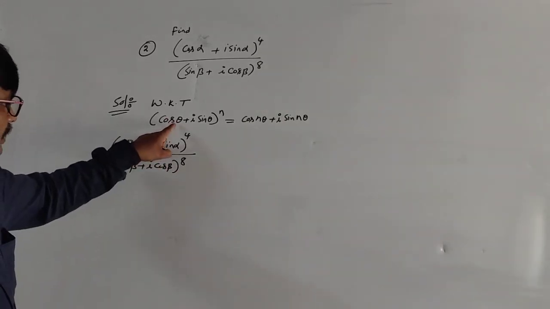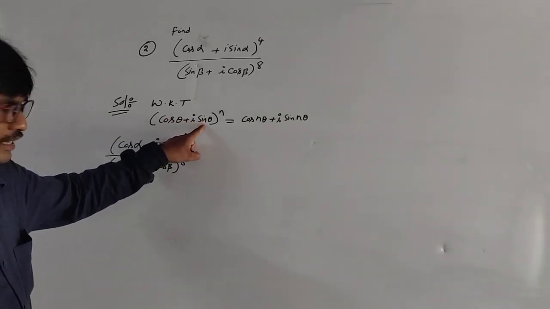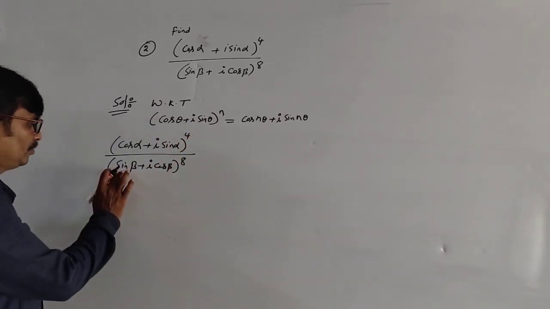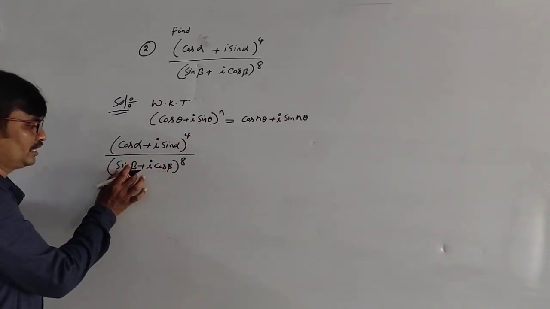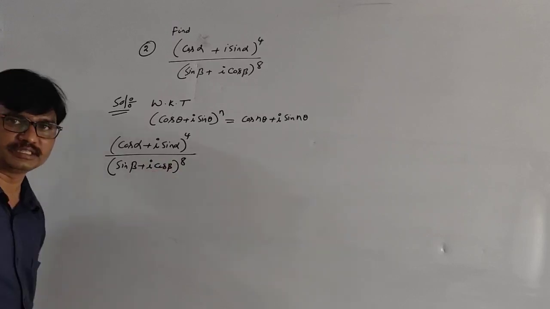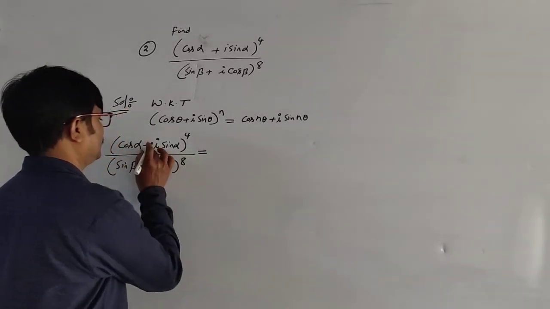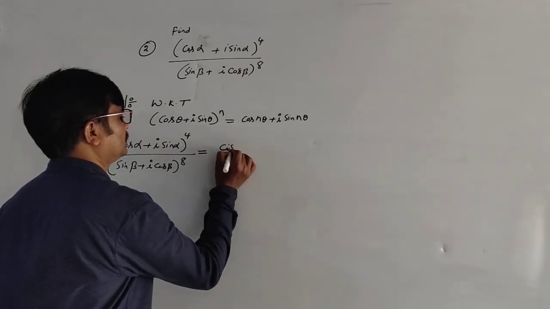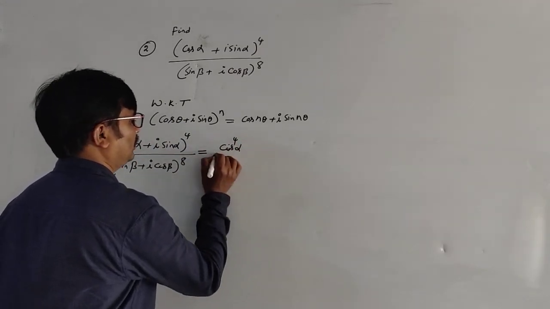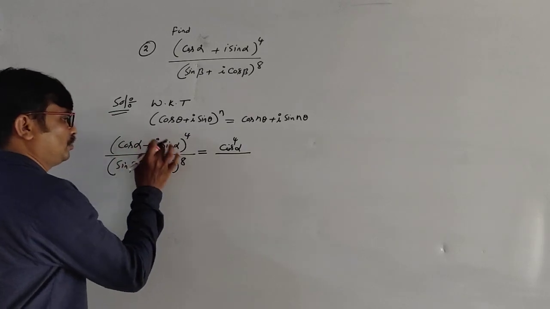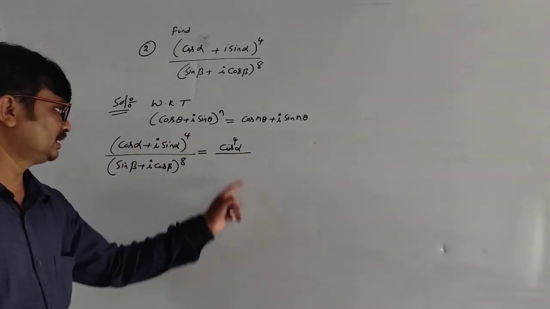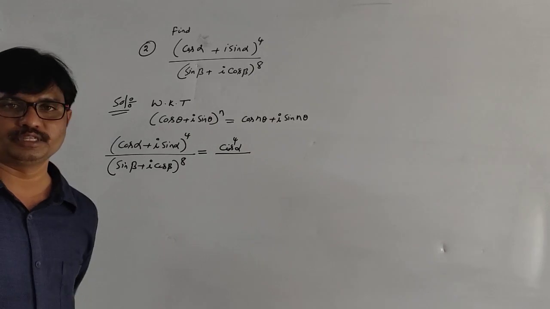The real part is the cos, imaginary part is the sin. But here in the denominator, real part is sin and imaginary part is the cos. So students, how can you write this? This is cos alpha plus I sin alpha whole power 4.